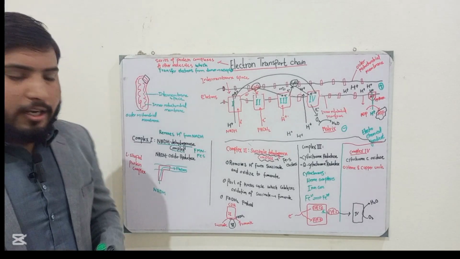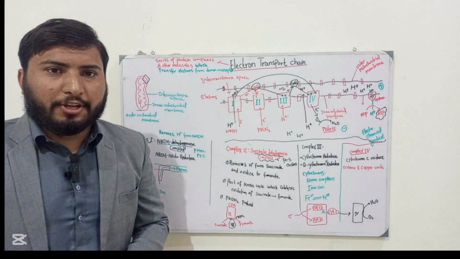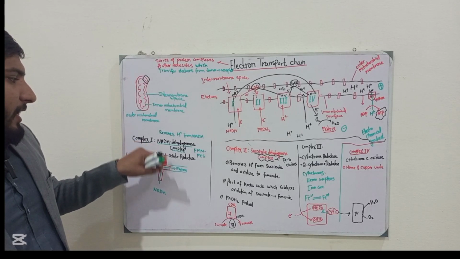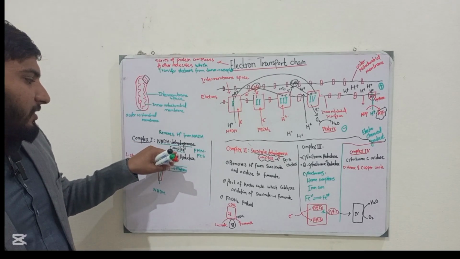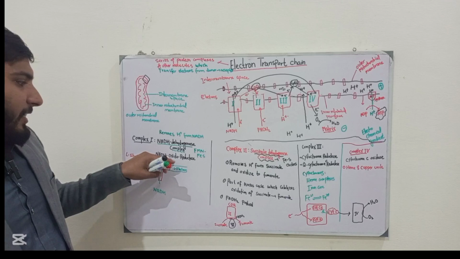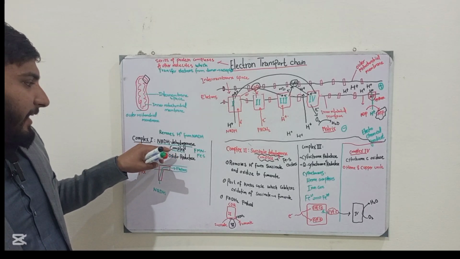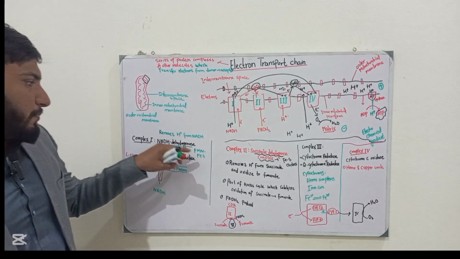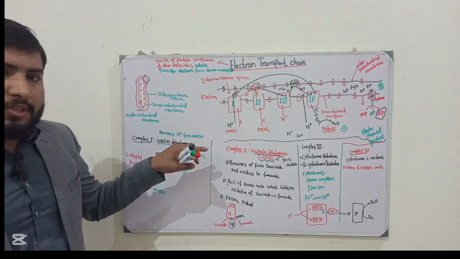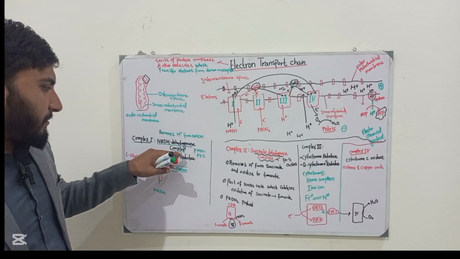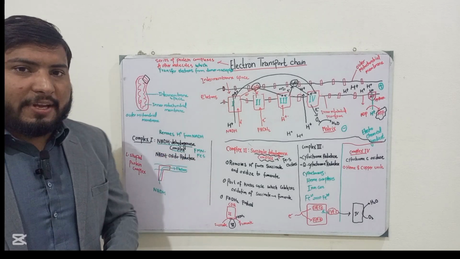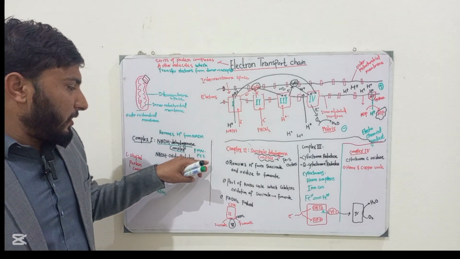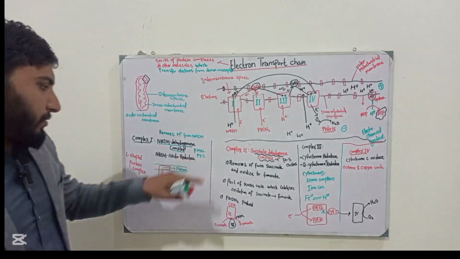Now the four protein complexes one by one. Complex 1 is also called NADH dehydrogenase complex or NADH oxidoreductase. It is called NADH dehydrogenase because it removes hydrogen ions from the NADH. The complex contains FMN, flavin mononucleotide, and iron sulfur compounds.